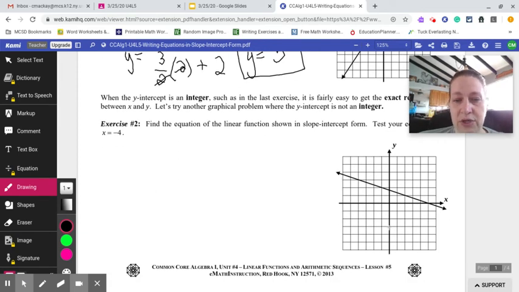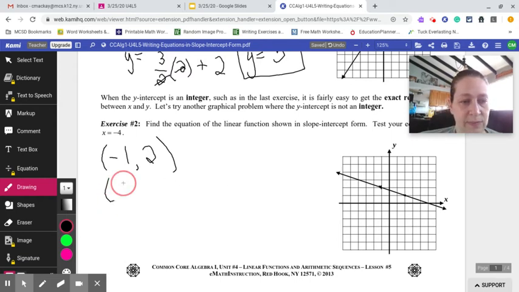Okay, first thing we're going to do is identify 2 different points. So I'm going to use this one, which is -1, 2, and another point here, which is 2, 1. This is my x, these are my y's.